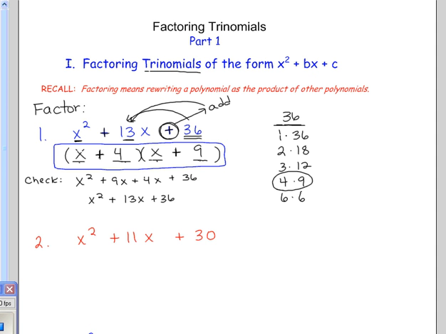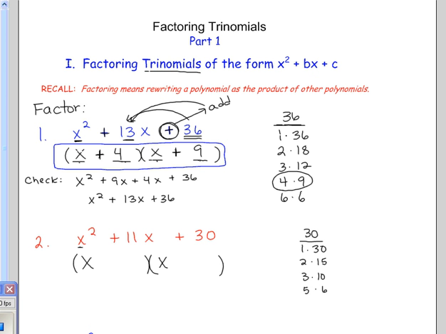Okay, let's look at number 2. x squared plus 11x plus 30. Again, there is not a common factor. I want to break this down into 2 binomials. If it begins with just x squared here, you will always have x times x. Look at your last number, your constant, positive 30. 1 times 30, 2 times 15, 3 times 10, 5 times 6.